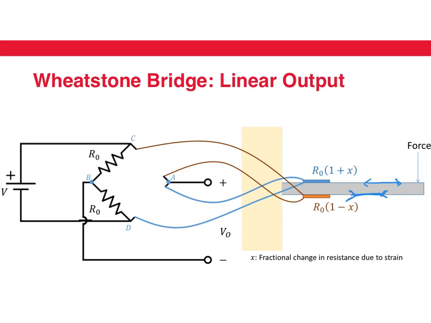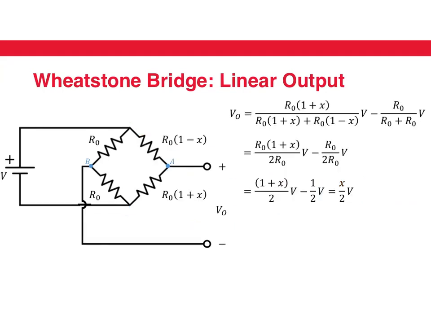So the resistance changes have opposite signs. When we put these strain gauges in a Wheatstone bridge and do the maths, we see that the output is linear. In the previous cases, we had to make an assumption, and because of that assumption, we got a linear output. But in this case, the output is linear completely without any assumptions.